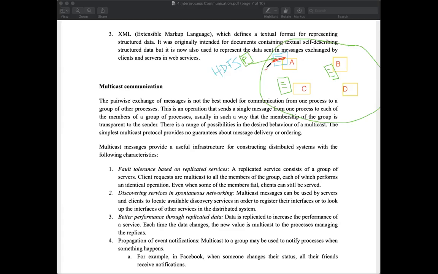Let's say it's F1, and this is the replica of F1. That process is doing the update on file F1, which resides in the node A.